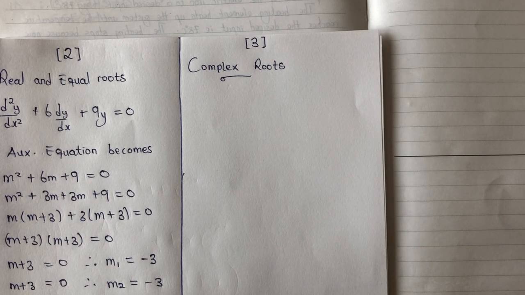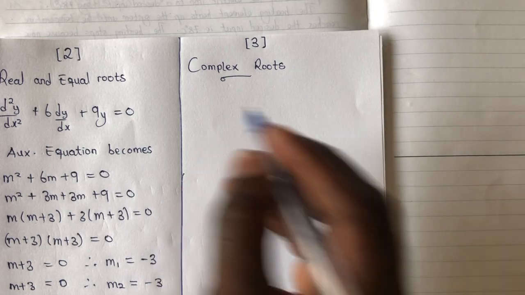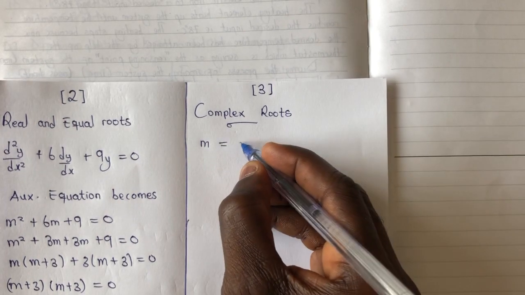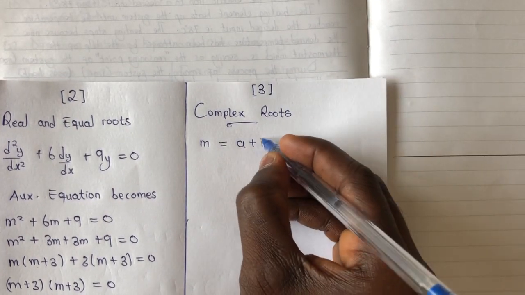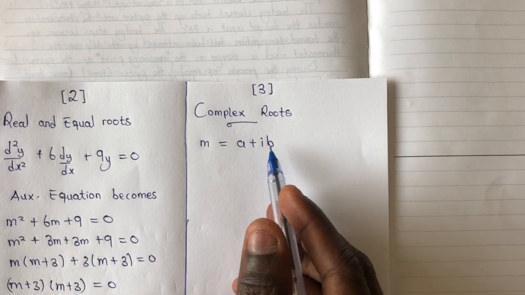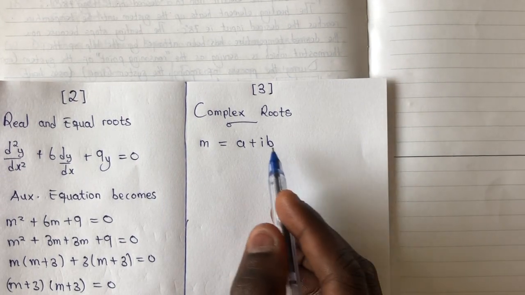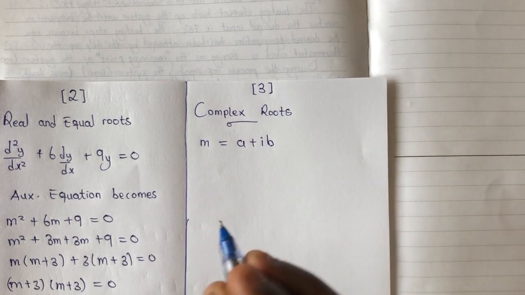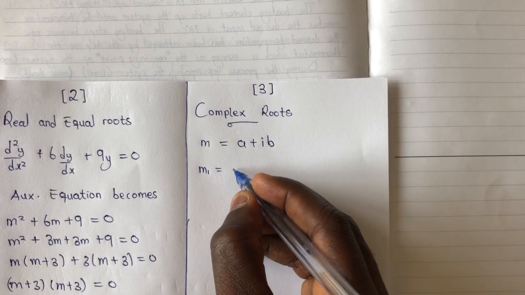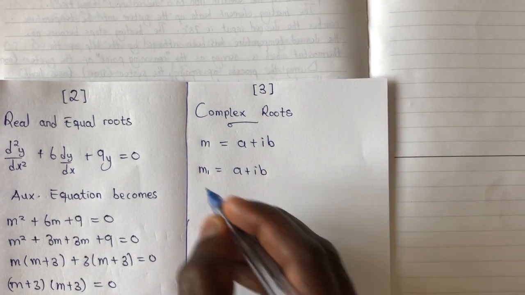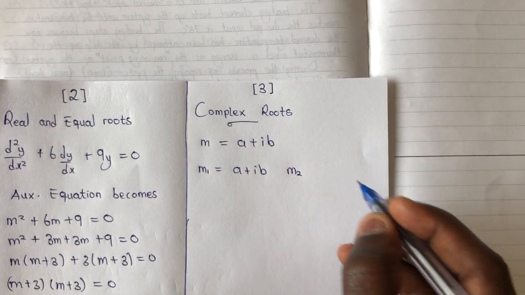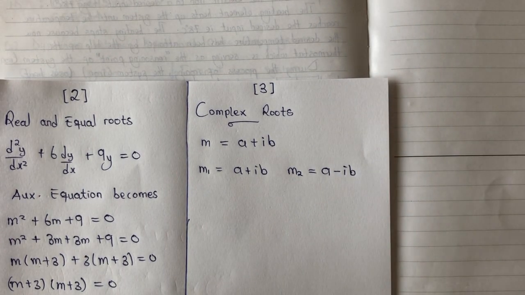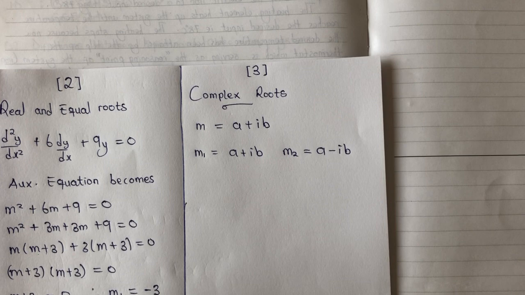When the roots are complex for the auxiliary equation, then m will be equal to a plus ib, where a and b are constants, either positive or negative values, and i representing the imaginary form. This means that our m1 will give us a plus ib, and our m2 will give us a minus what? ib, if you generate the complex roots.